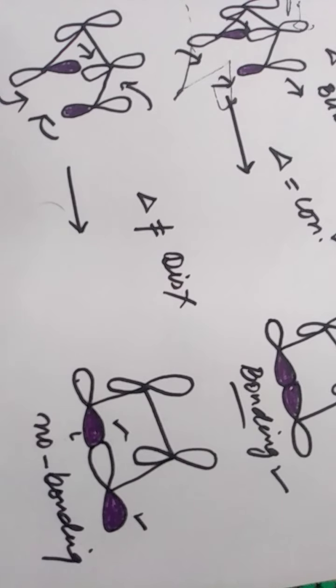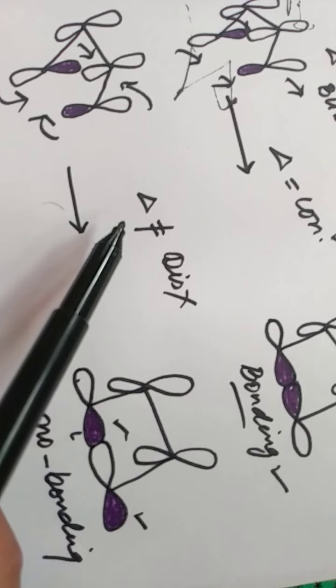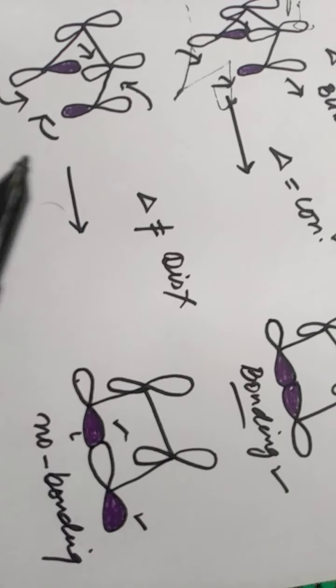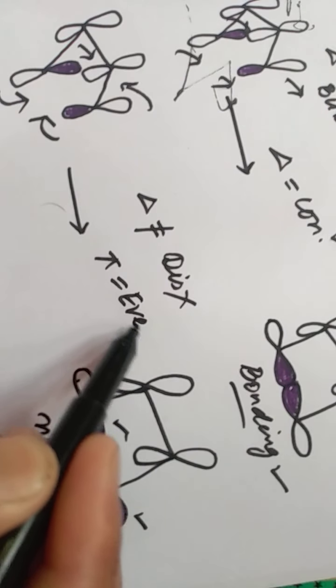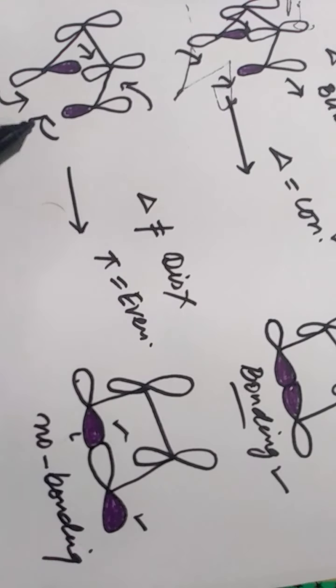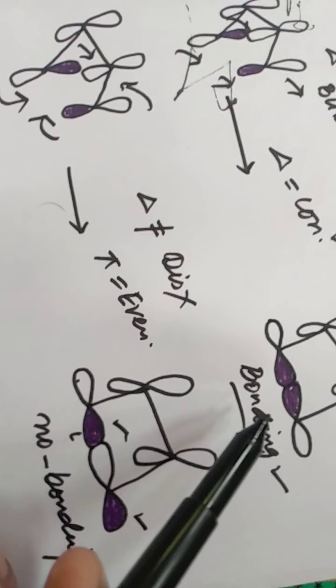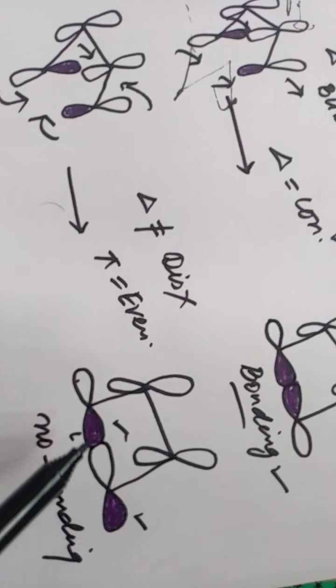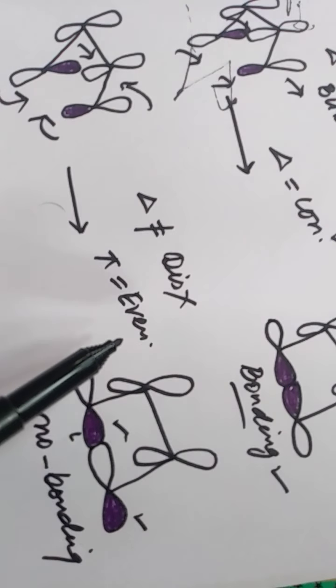So this is the answer why the thermal conrotatory reaction is there and the thermal disrotatory reaction is not there if pi bonds are even. In conrotatory motion, two same lobes interact and there is bonding. In disrotatory motion, two same lobes do not interact, so there is no possibility of bonding, so the thermal disrotatory reaction is not there.